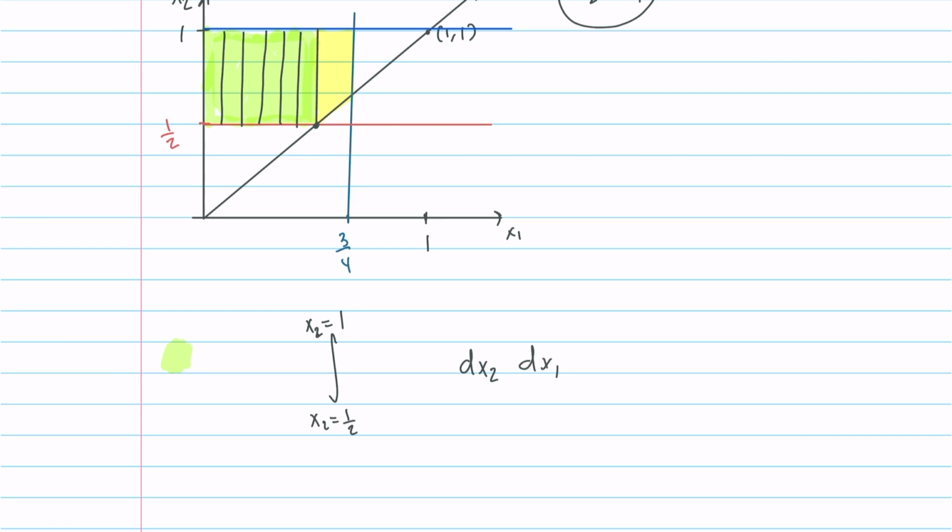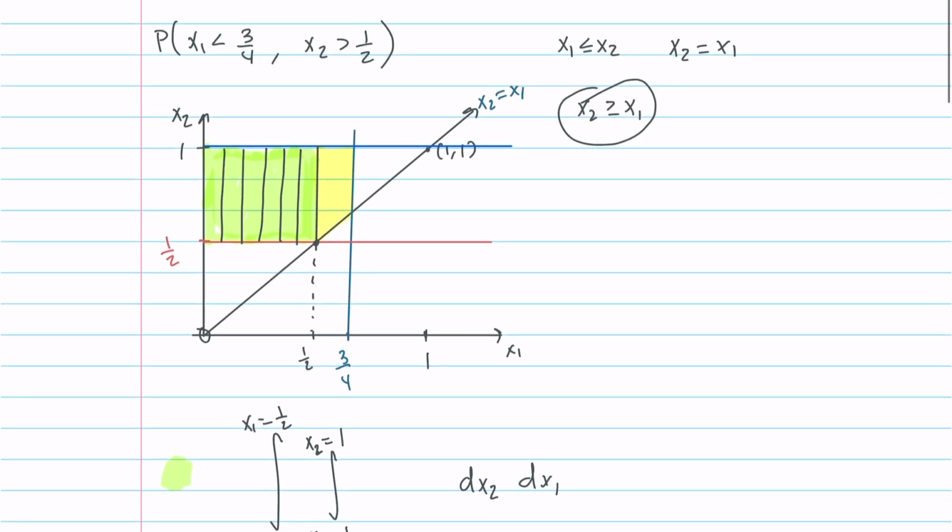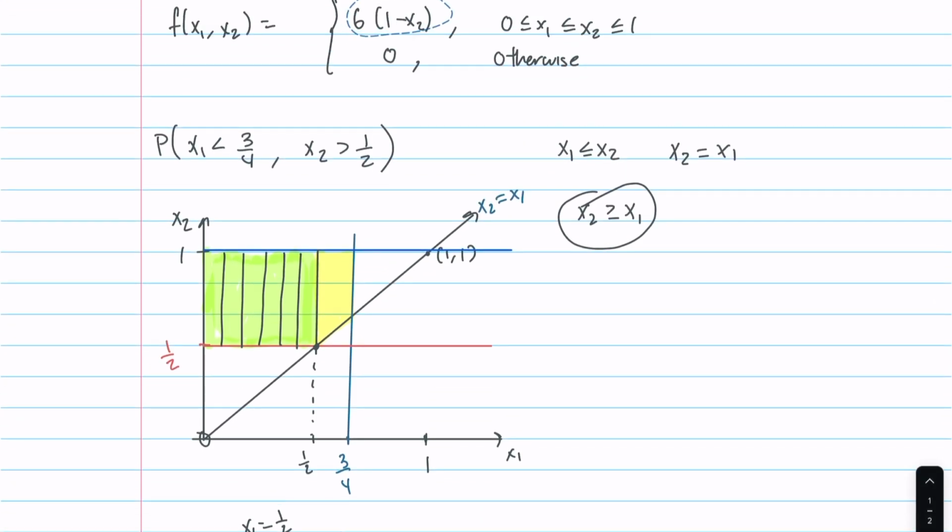And then for dx1, our outer integral, we go from 0, and we end right here, which is a half. So it's going to look like that, and our function looks like this.